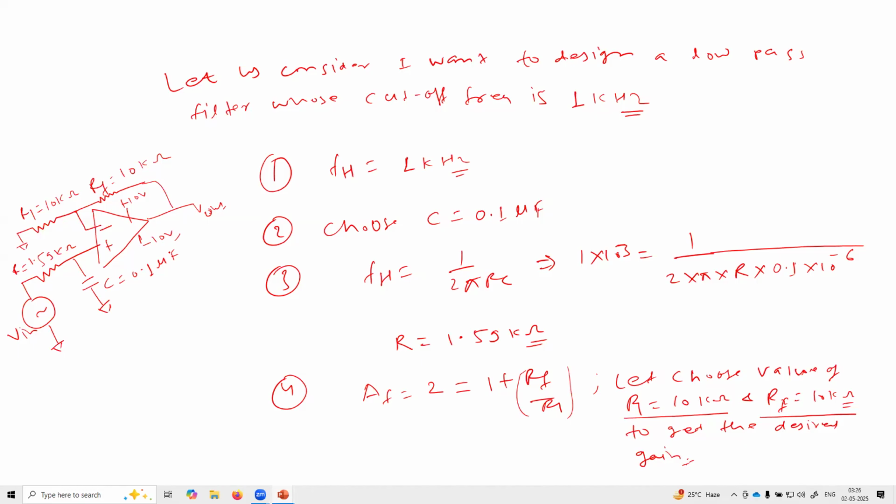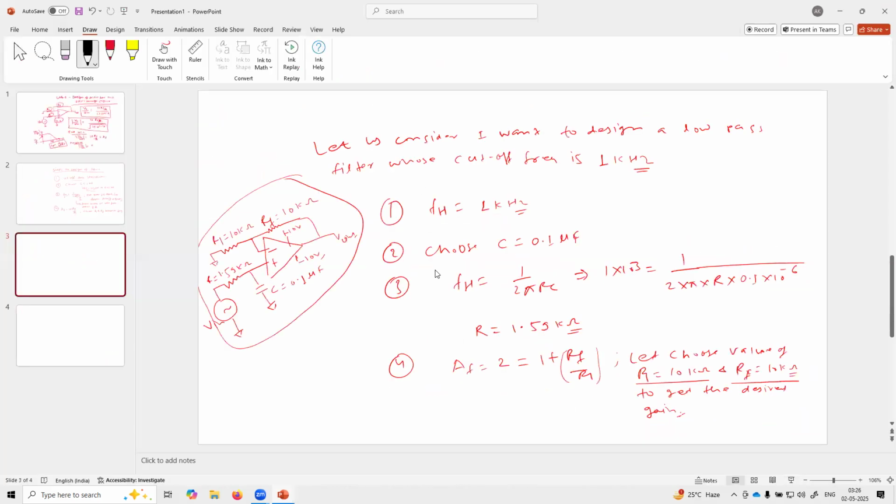Now we are going to simulate this circuit in our LTSpice tool, and again we will observe whether we are getting our desired plot or not. So this is all about the theoretical aspect of the design. Now we are moving to the LTSpice tool.